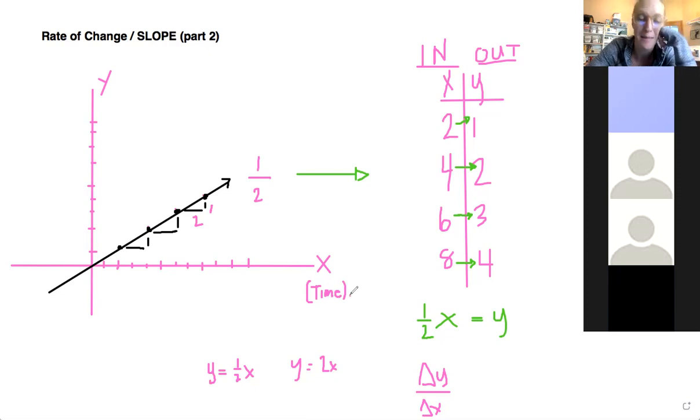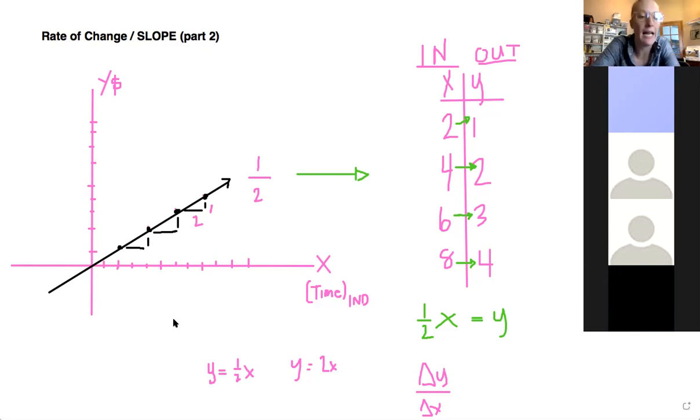Yes. Time is something that's independent. It goes on its own, whereas money is something that depends on the time that passes. That's not always true, but it's pretty much always true. Ah, okay. I thought that if it was the other way around, you could say depending on the y, the x would equal, but no, it's not that way.